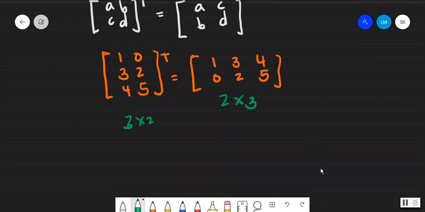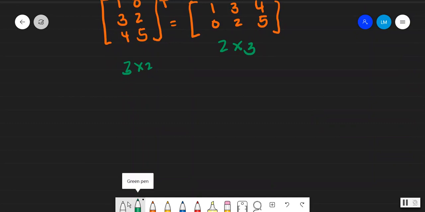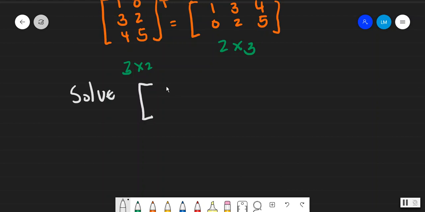Now, the last thing we can look at is a simple problem where you want to solve the following matrix problem. Let's say you have a system of equations.